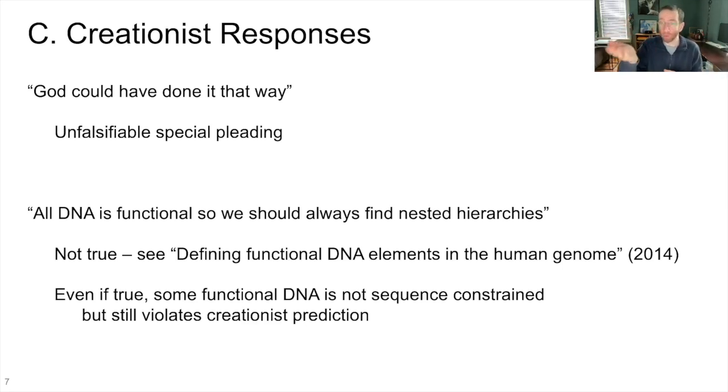And then we actually just looked at some functional but non-constrained DNA when we looked at the wobble sites. That's within protein coding genes. So it's certainly functional, but it's not sequence constrained. So even if this claim that all DNA is functional is true, it's not. But even if it was, we still find violations of the creationist prediction.